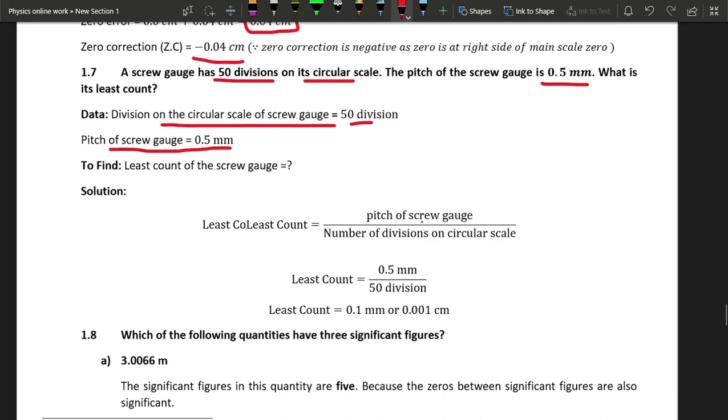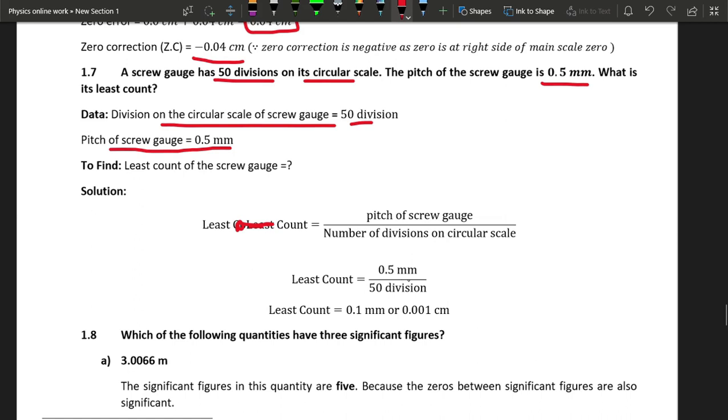As we know the formula, the least count can be found by dividing the pitch of the screw gauge by the number of divisions on the circular scale, and the pitch of the screw gauge is 0.5 millimeter as given in the data, and the number of divisions on the circular scale is 50.